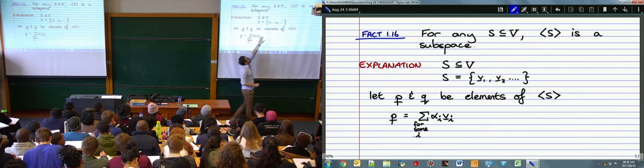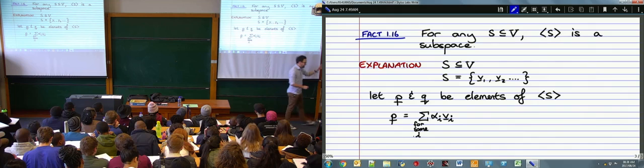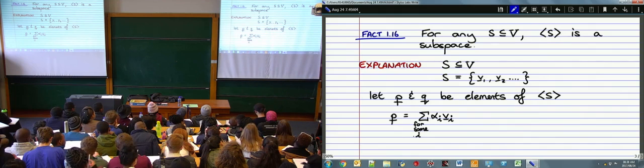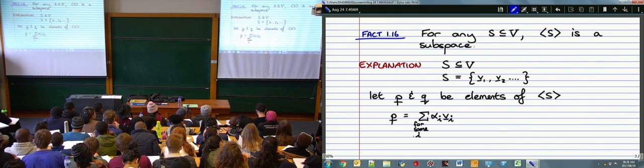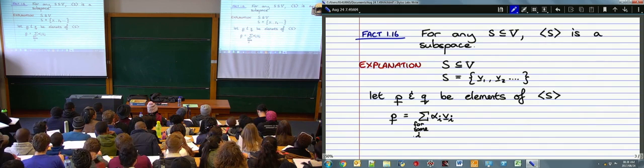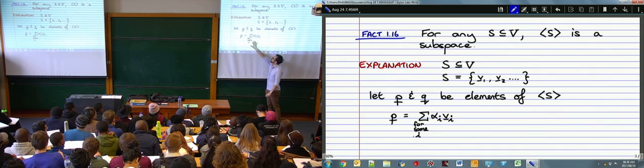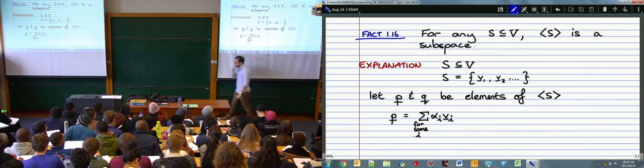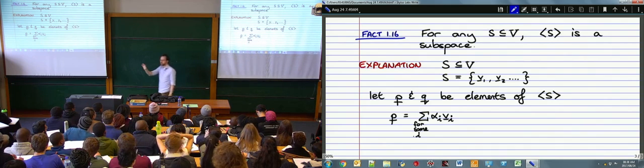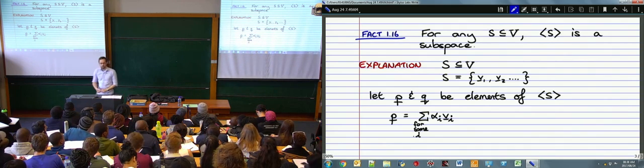It might be that P is equal to 3 times V1 plus 5 times V2 plus 0 times V3 plus 0 times V4 minus V5. So we're just going to have a sum over possibly some of the vectors, right? Not necessarily all of the vectors. So P is a linear combination of things from our set S.